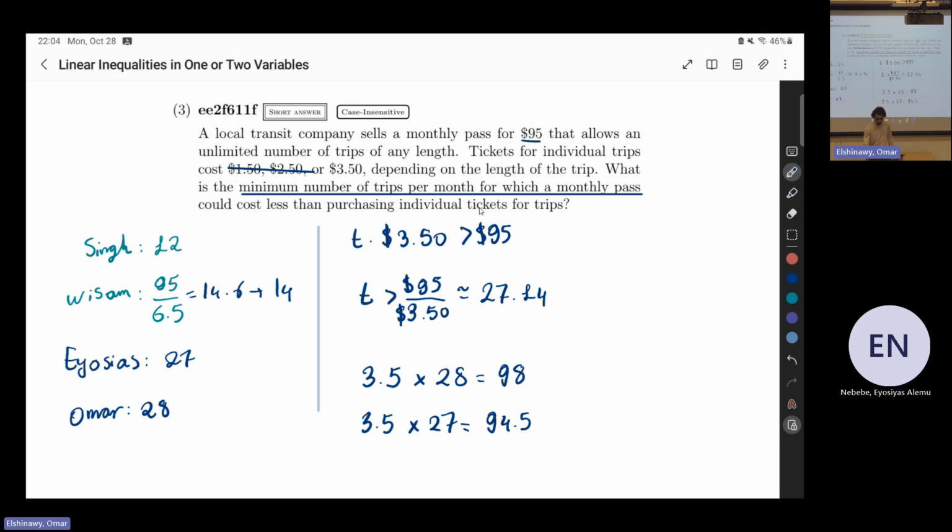So this cannot be the answer, because here it does not cost you less to buy the pass, it costs you 50 cents more. But if you start from 28, then you start saving. And if you go on and on, making more trips per month, then you are better off buying the monthly pass.